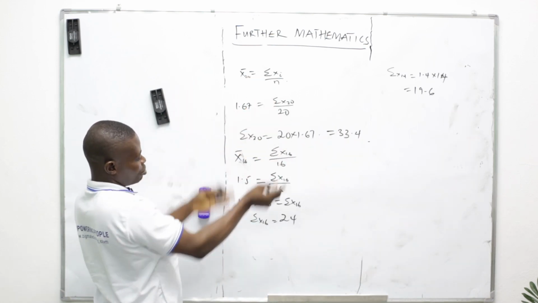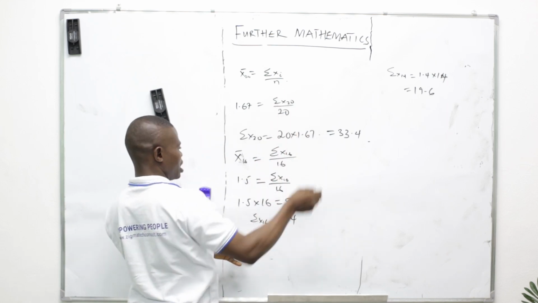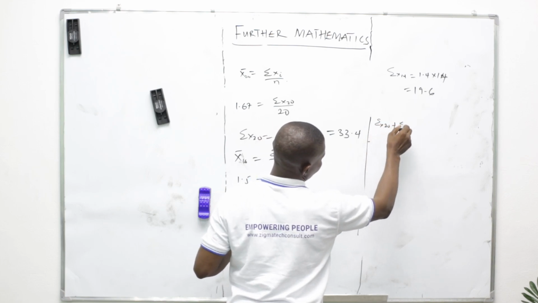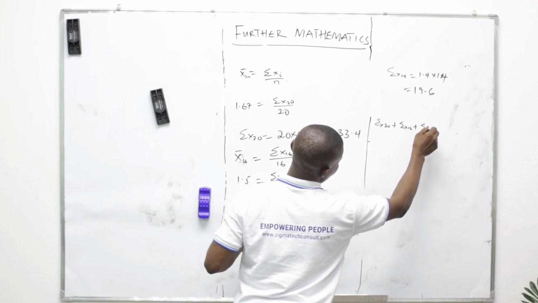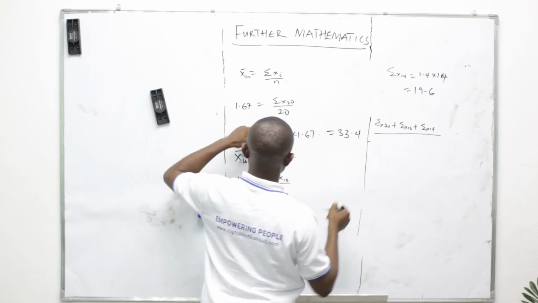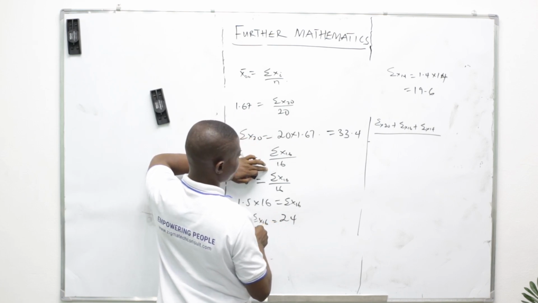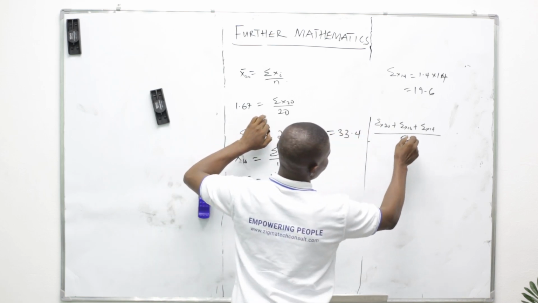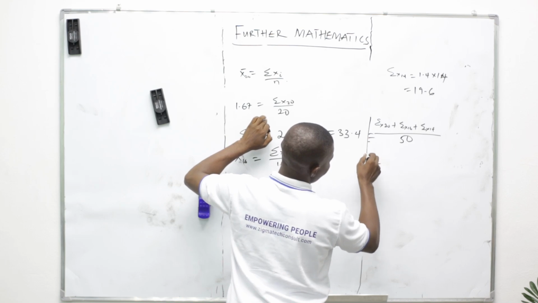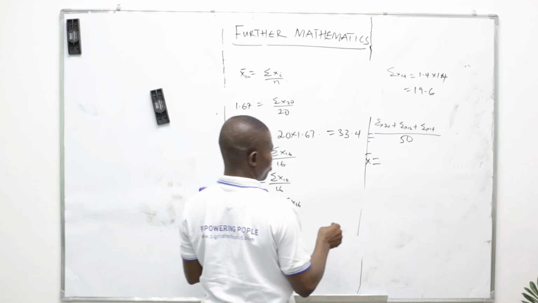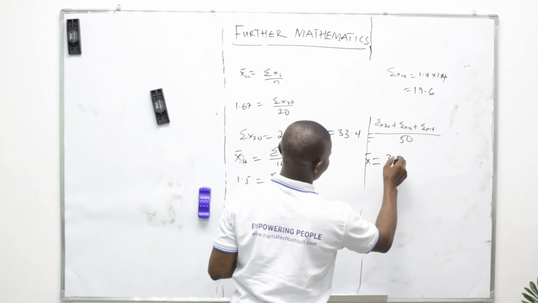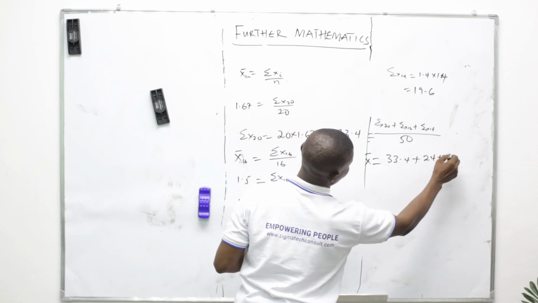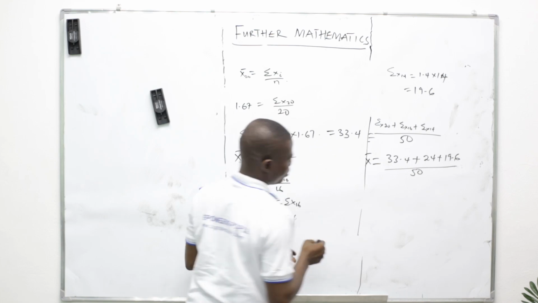Now I have all the total summation x, which will imply summation x20 plus summation x16 plus summation x14, all over their total. What is their total? 20 plus 16 plus 14, this is 50. This will give me x bar for the 3 of them equals 33.4 plus 24 plus 19.6 all over 50.